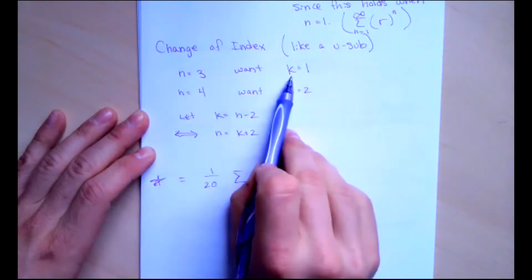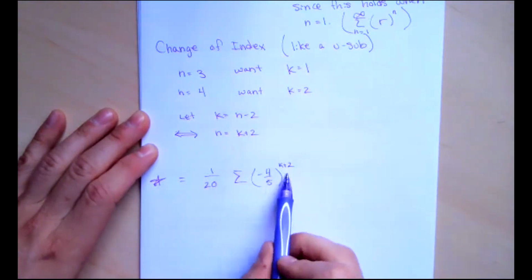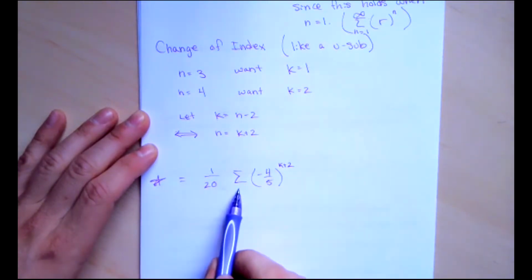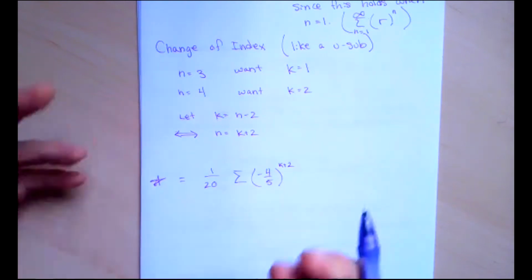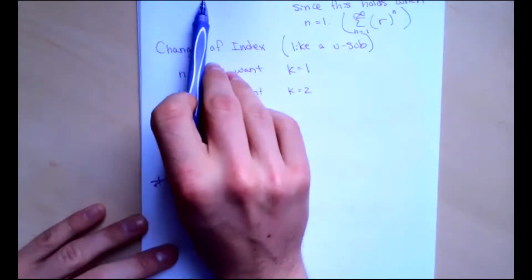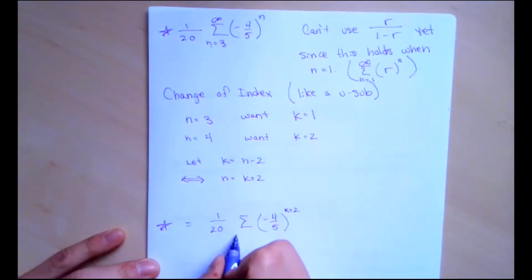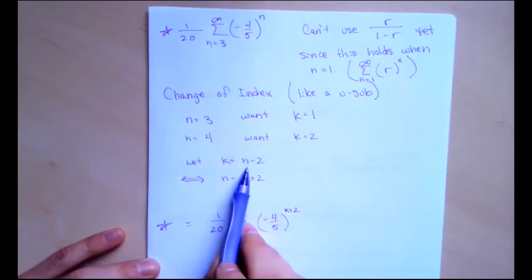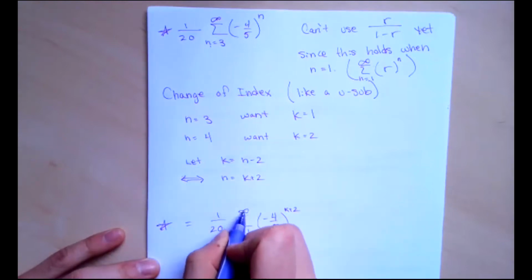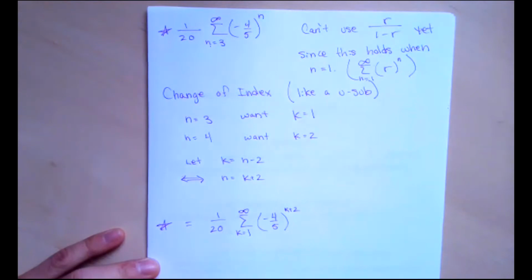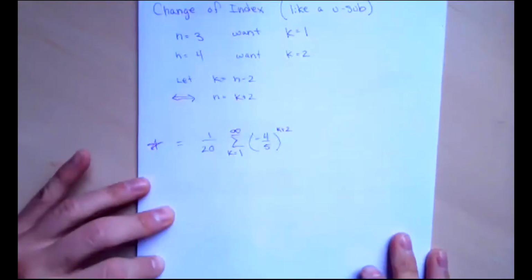What did we see? This was changing the variable. Now we need to change the bounds, like the bounds of integration. We set it up so that when n is equal to 3, k is 1. And of course, when n goes to infinity, what's k going up to? Still infinity. So this is our sum now.